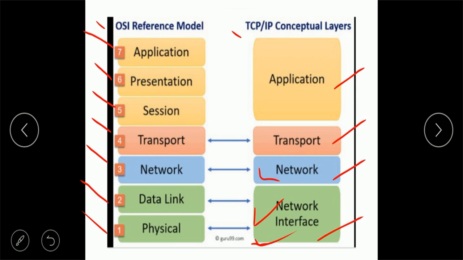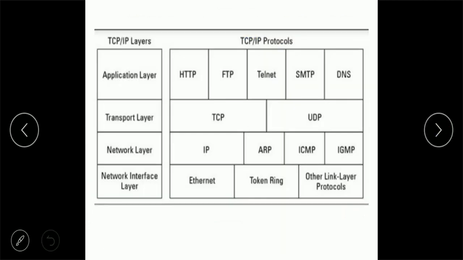Now let us see how these layers work to transmit data from one place to another. Before that, I would like to tell you what protocols are used in different layers which help the data to be transmitted from one layer to another. In the network interface layer, there are Ethernet protocol, token ring protocol, and other link layer protocols.